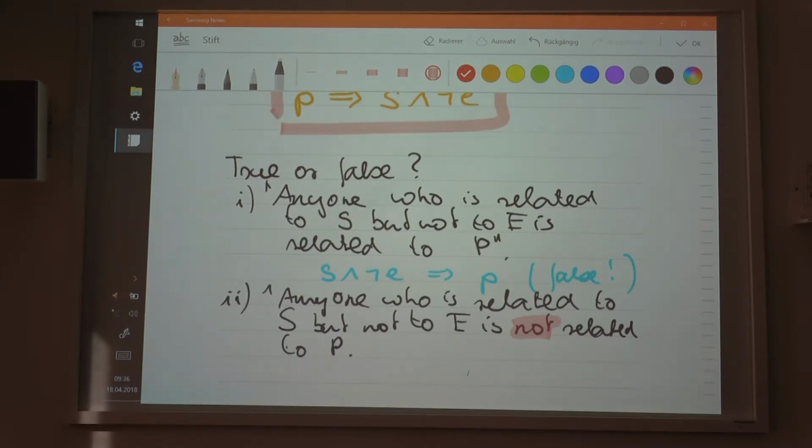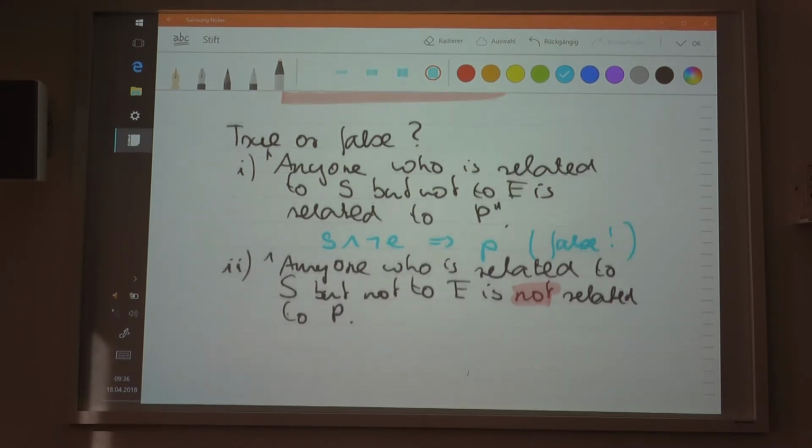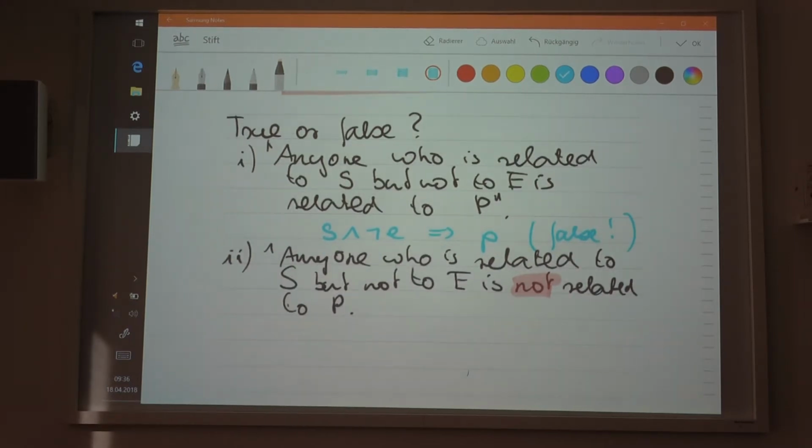Okay, so the statement says the following. It claims, and let me give you a formal notation, that this statement should be necessary for this one. You understand? So this is the claim. Now guys, let me just tell you one thing.